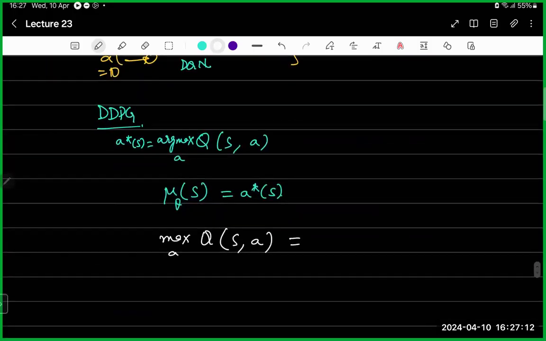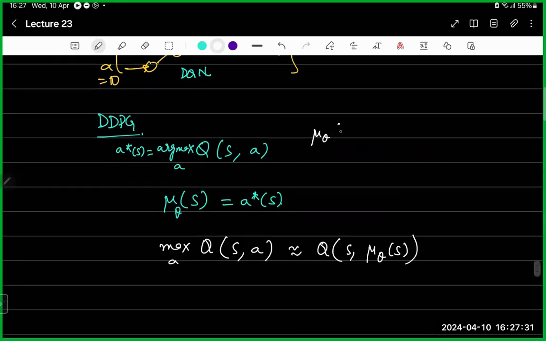So I'm trying to find a mu which will give me this, or which will roughly be equal to this. Mu theta is a deterministic mapping, a function from state space to action space.